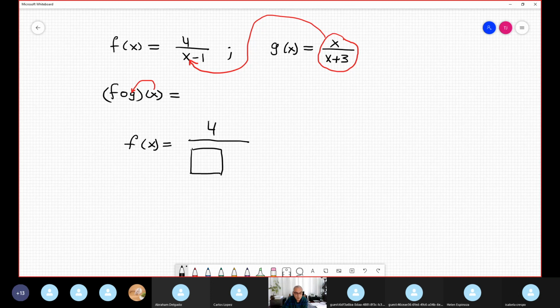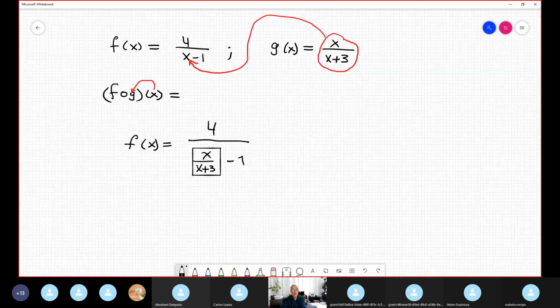I copy x over x plus 3. You replace the x of the function f, which is the outermost function, for the entire g function here. Minus 1. Something like that. Do you see that or no? Yes. And the rest is algebra.